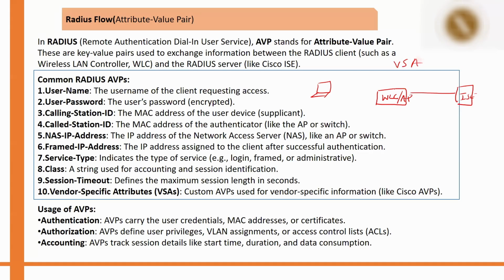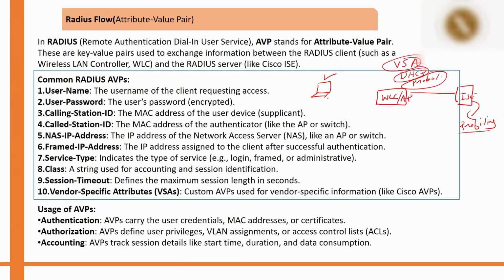There will be some attributes that ISE will learn about the client through DHCP probes. It will learn through some other protocols like HTTPS. It is going to learn about this device, and that is how it is going to profile the particular device.